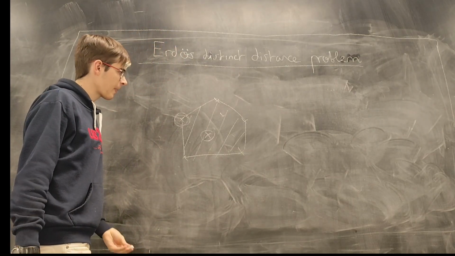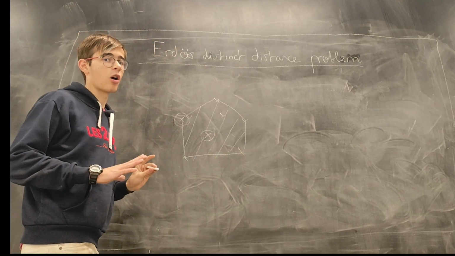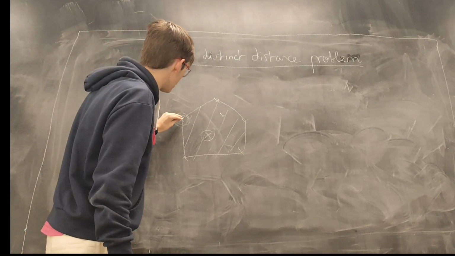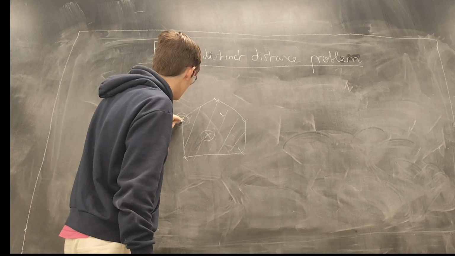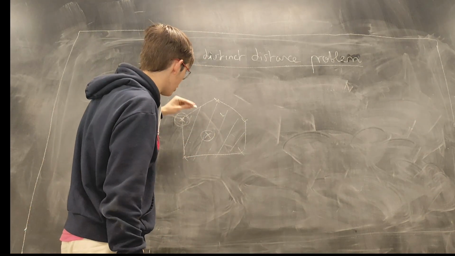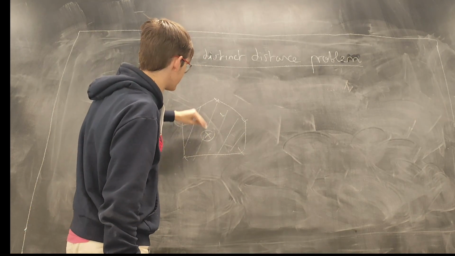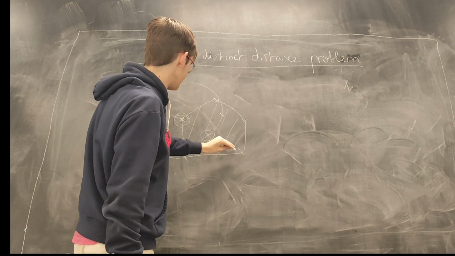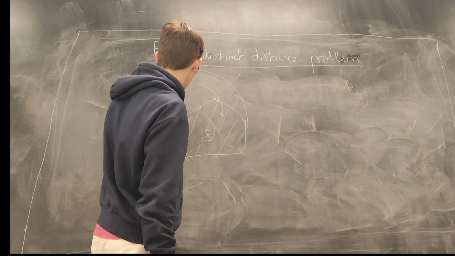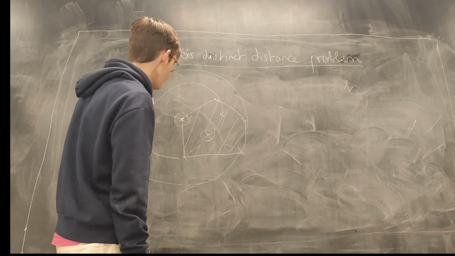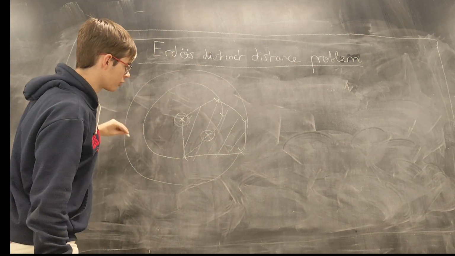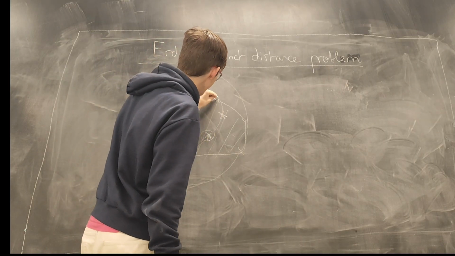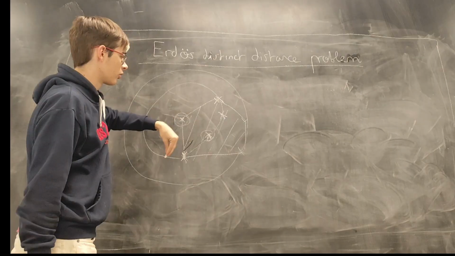Why so? Because now notice that our argument with the semicircle doesn't even need to be done. Basically, when you look at all the distinct distances from this point to other points and you draw the circles, let's suppose these four are at the same distance somehow. Let's say these two are at the same distance. Now when you look at one of these circles, all of the points here already lie on the same semicircle. Why?